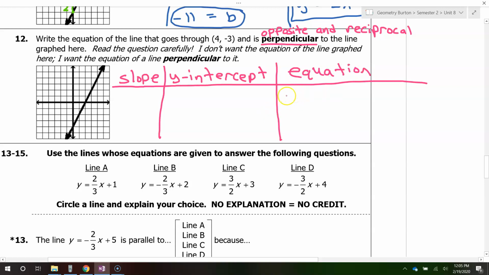All right, keeping in mind that when I write the equation, I'm going y equals something x plus something. I'm just filling in these two boxes. You know what I mean. But we're going to start with the slope, but it's going to be the opposite and reciprocal to the line that's given because it's got to be perpendicular.